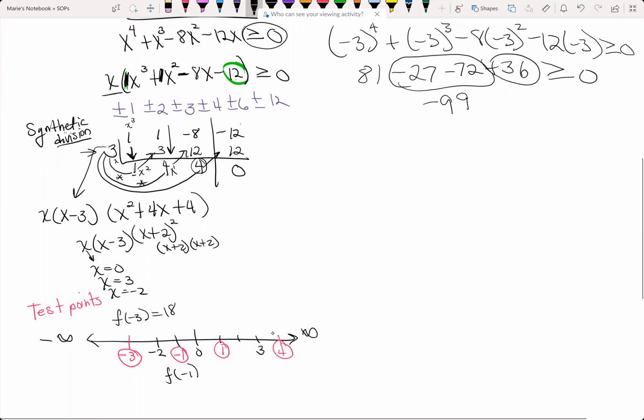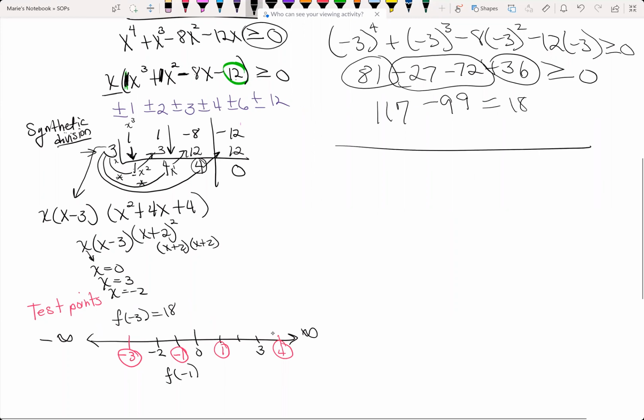And this together, okay, sorry about that, I had a little interruption. Okay, and then 81 plus 36 puts me at 117. So 117 minus 99 is 18. That's where I'm getting f of negative 3.